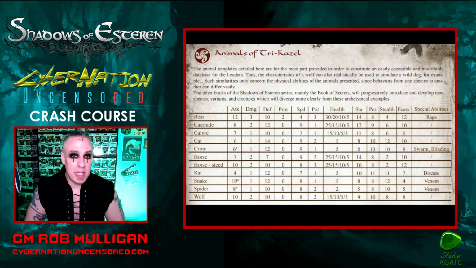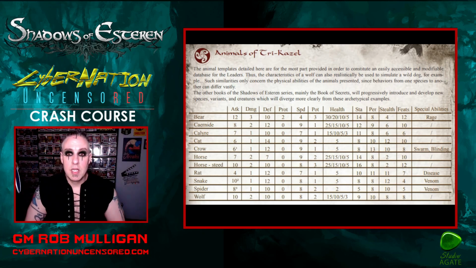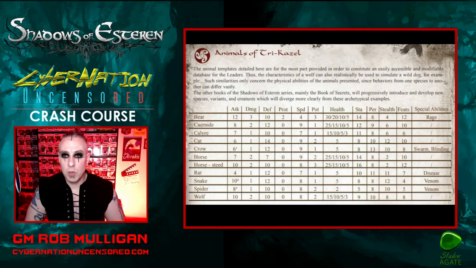But the animal templates detailed here are for the most part provided in order to constitute an easily accessible and modifiable database for the leaders. Thus, the characteristics of a wolf can also realistically be used to simulate a wild dog or fox, for example. Such similarities only concern the physical abilities of the animals presented, since behaviors from one species to another differ vastly.